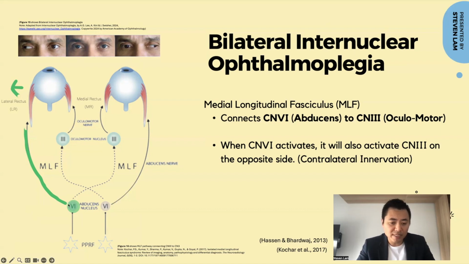Now, at the same time when this is happening, a message is meant to be sent through the MLF to cranial nerve number 3, which also innervates the medial rectus and allows the eyes to move in the same direction. So if you look at yourself in the mirror, when you look left or right, you can see that both eyes move together and you can't move them independently. But when you have this condition, it affects the MLF.